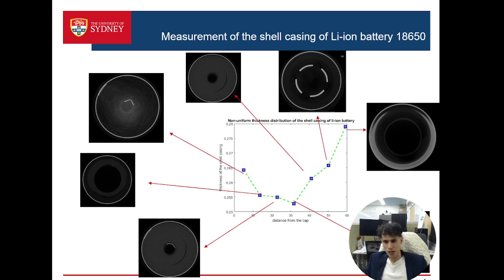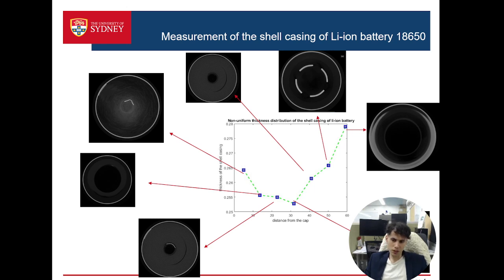But for SEM machine, you need to cut the sample at each section, and actually thicker shells may provide enhanced protection, while thinner shells may improve energy density but could be more susceptible to damage.